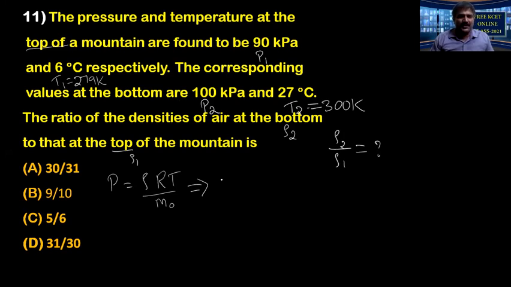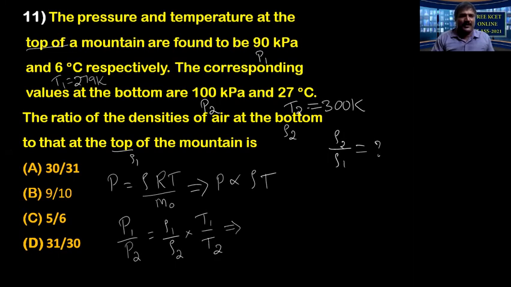So pressure is directly proportional to ρ into T. Now I take P1 by P2 equal to ρ1 by ρ2 into T1 by T2. What I need to get is ρ2 by ρ1. I've taken P1 at the top of the mountain, and at the bottom I've taken 100 kilopascal, that is P2. If you get the reverse, that is also the answer. So ρ2 by ρ1 equals P2 by P1 into T1 by T2.